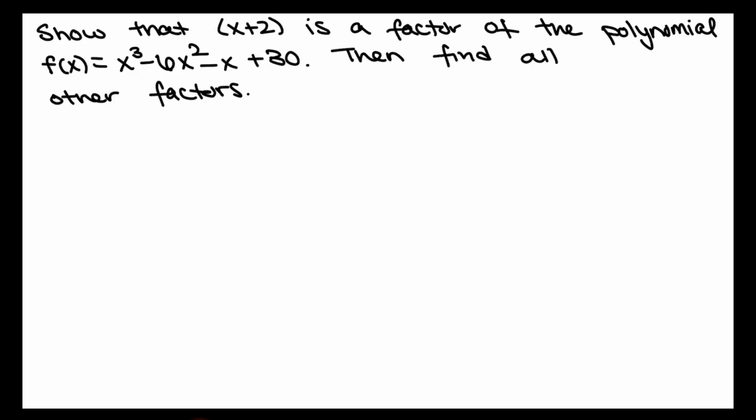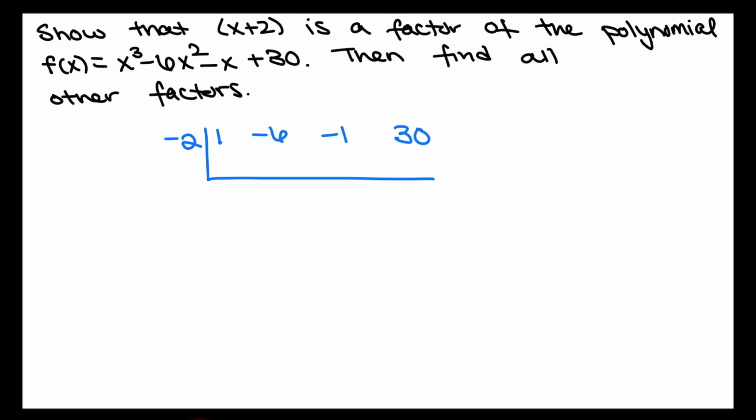Let's see an example of how this works. Show that x plus 2 is a factor of the polynomial, then find all other factors. So x plus 2 is a factor if x equal negative 2 is a zero.